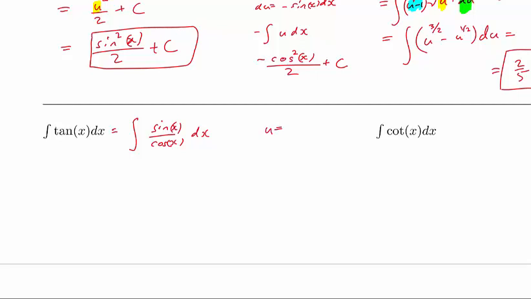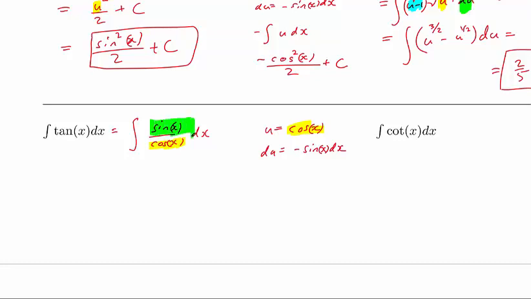We're going to go ahead and use the trig function on the bottom, because we want to get a dx out of it. So we have u equals cosine x, we take the derivative, and so we get du is negative sine of x dx. All right, so far so good.